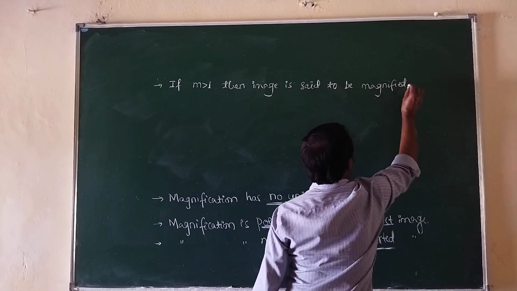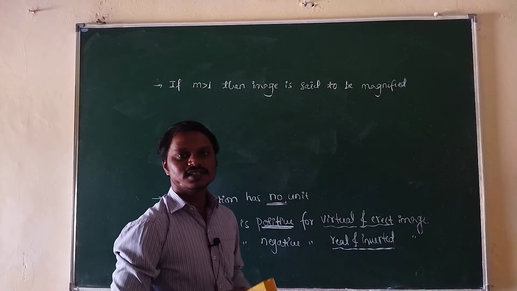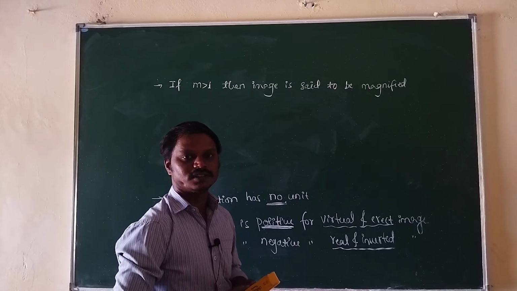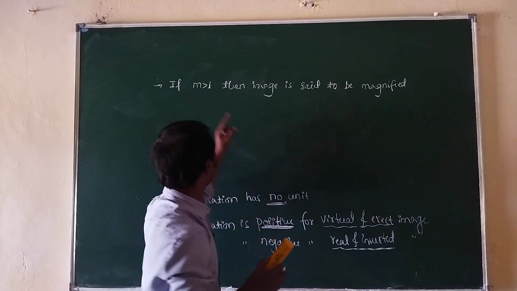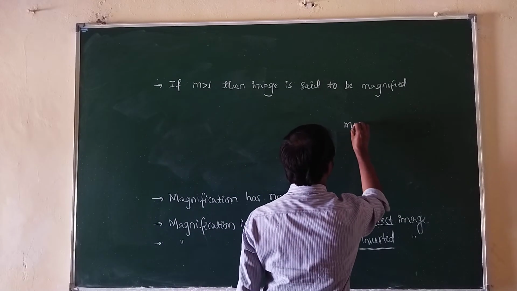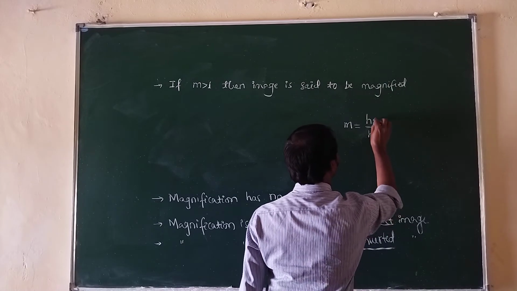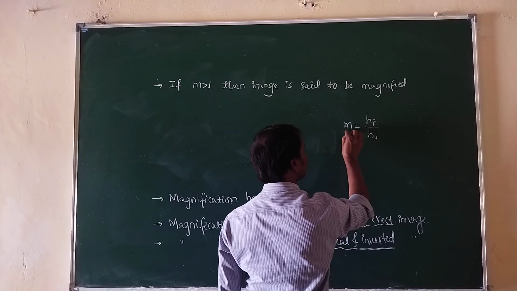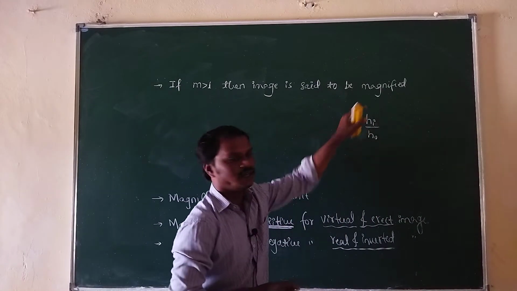Listen here: the image is magnified only when the height of the image is greater than the height of the object. What is the magnification formula? m is equal to hi by ho. If the numerator is greater than the denominator, then m is greater than 1. Hence the image is said to be magnified.